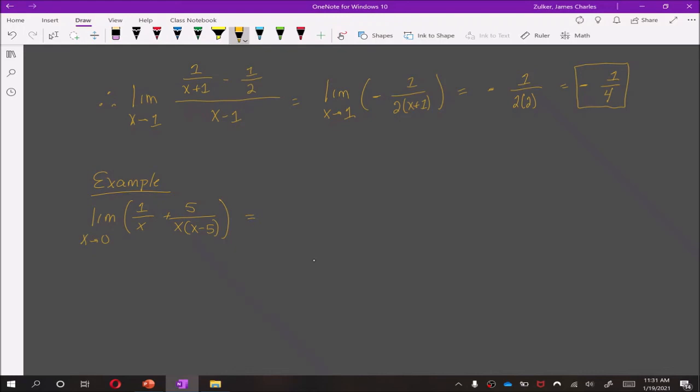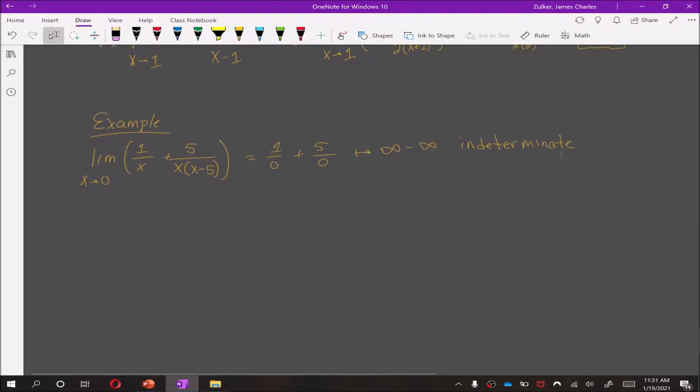If we try to plug in 0, it's something that looks like 1 over 0 plus 5 over 0, which is effectively infinity minus infinity. This is indeterminate. Again, let's do some algebra.